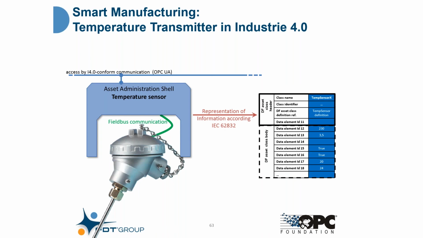Via this transportation, the asset provides information, and the representation of information occurs in an information model according to Digital Factory. The important part here is the expectation that a value is identified with a specific identifier called IRDI. The IRDI explains the meaning of the value.